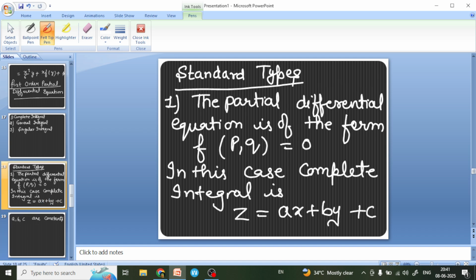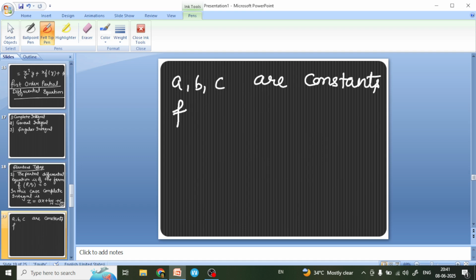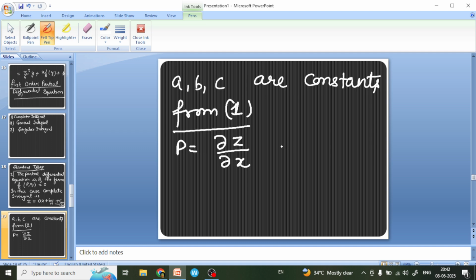From this first equation, p is equal to derivative of z with respect to x, that is equal to a, and q is equal to derivative of z with respect to y, that is equal to b.